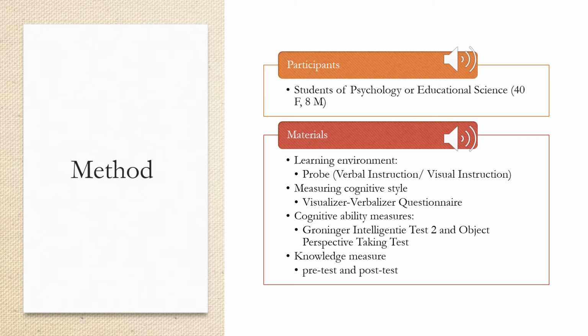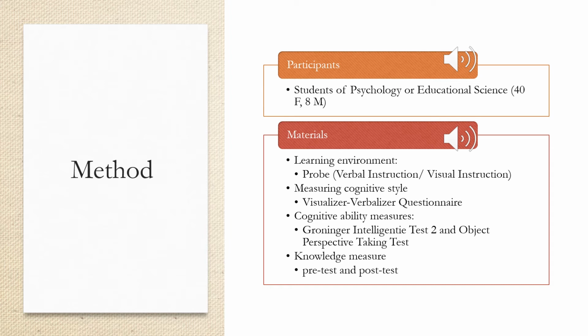The independent variables were the learning materials in verbal or visual formats, and the dependent variables were the relationship between cognitive style and cognitive abilities, the relationship between cognitive style and learning outcomes, and the relationship between cognitive abilities and learning outcomes.